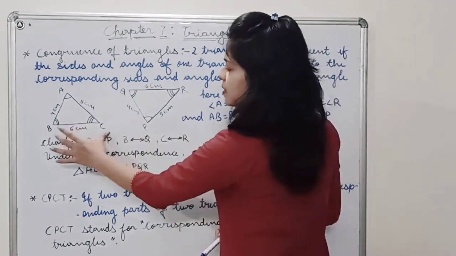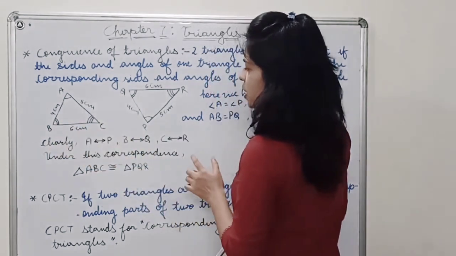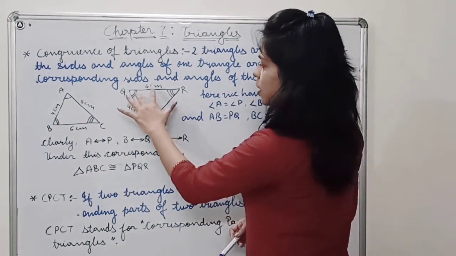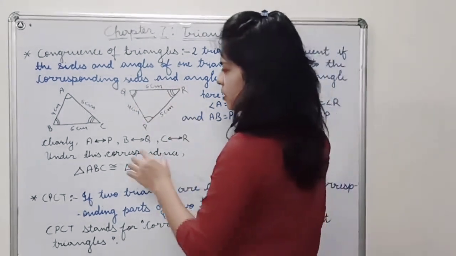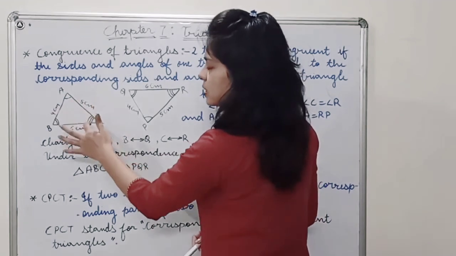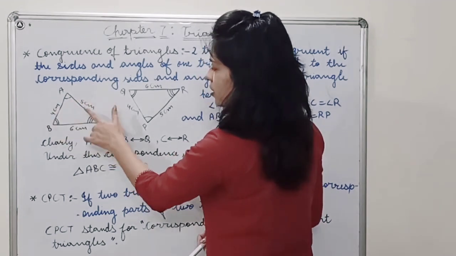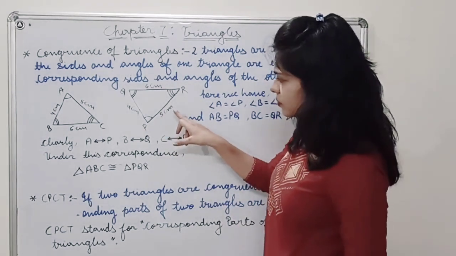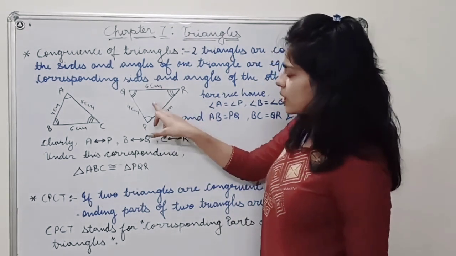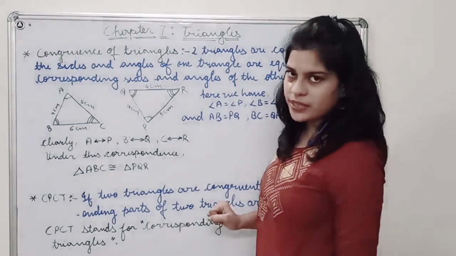Now, side BC of the first triangle is equal to side QR of the other triangle, which is 6 centimeter. Also, side CA, which is the third side of the first triangle, is 5 centimeter, and clearly side PR of the other triangle is also 5 centimeter.